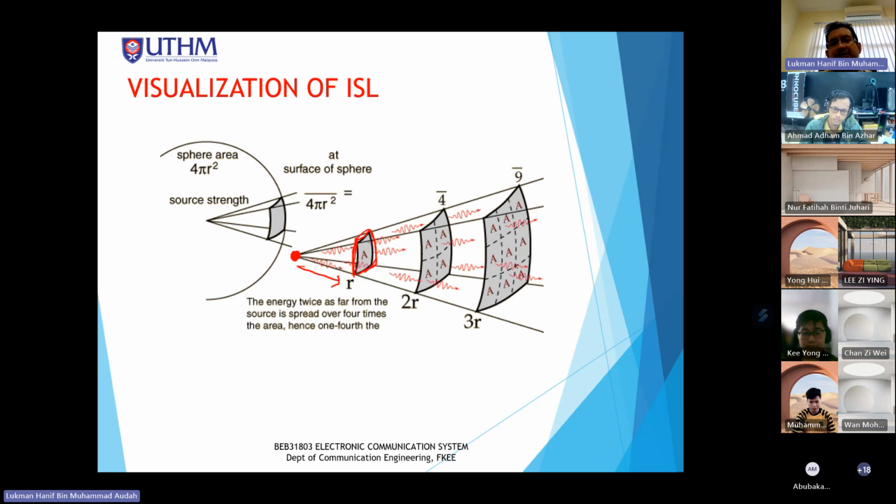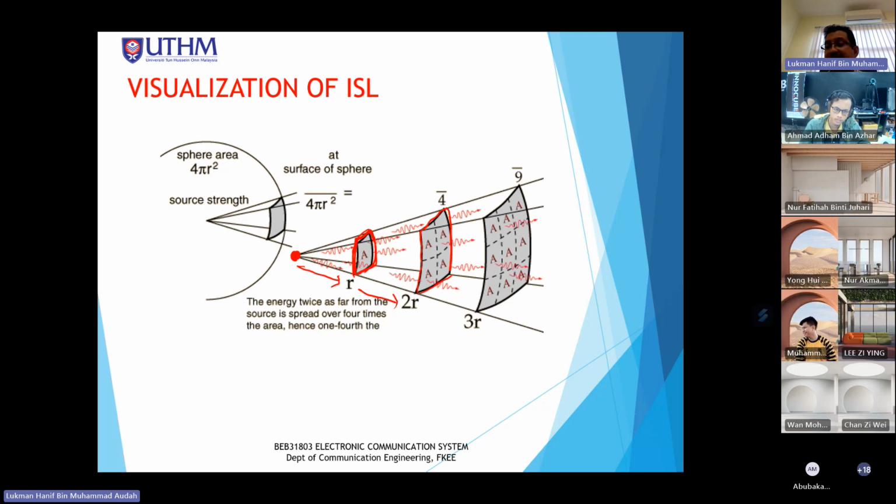The power is scattered in this small area. However, when we move further away from the antenna, the surface area becomes larger. So the power will be distributed in this bigger surface area.